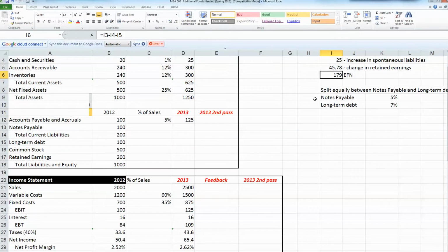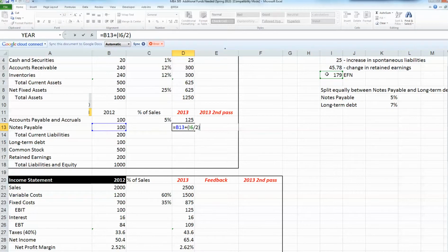So now I know that my notes payable will rise by half of this. So over here I can come to notes payable for 2013, take the previous year's notes payable and add to it half of my external financing needed.